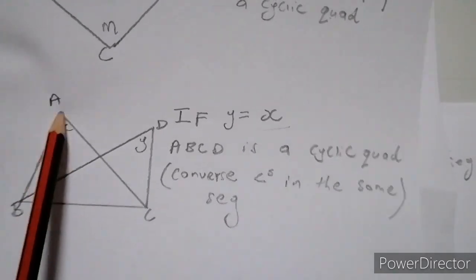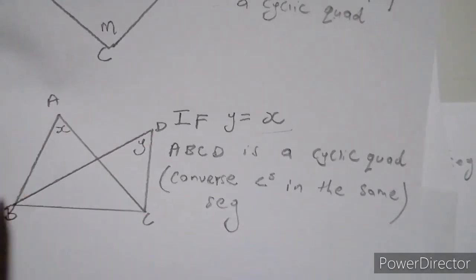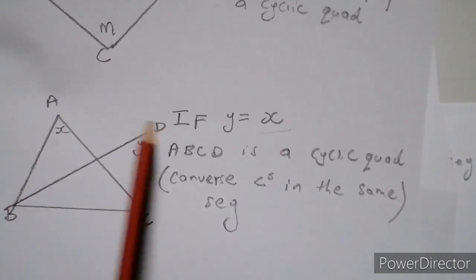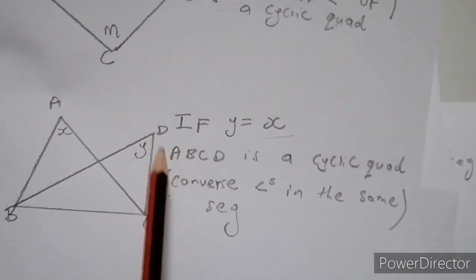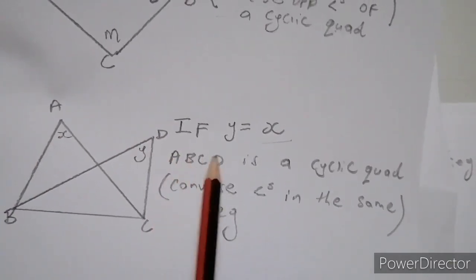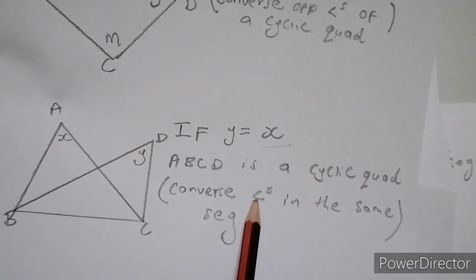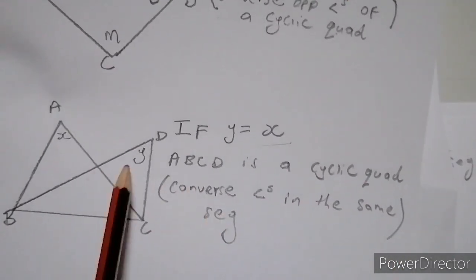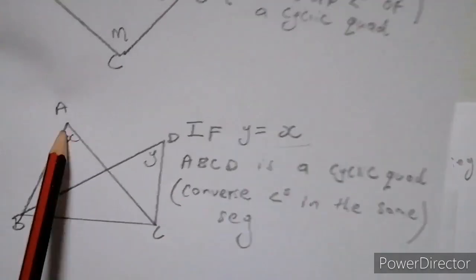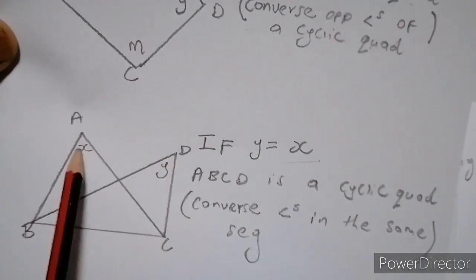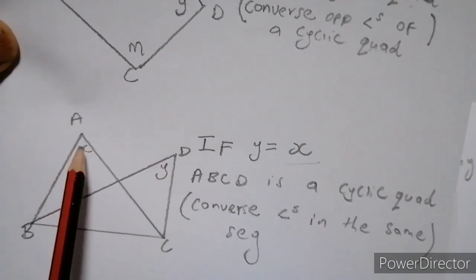It means these 4 points are lying on the circle that we don't see there. Now, we can conclude by saying ABCD is a cyclic quad. What is the reason? Converse angles in the same segment, because we see the situation where angles in the same segment are equal.